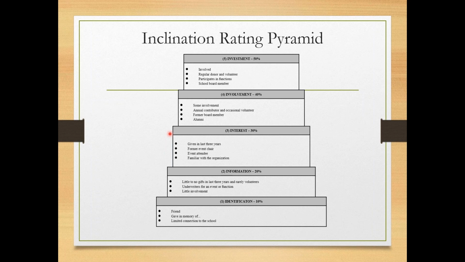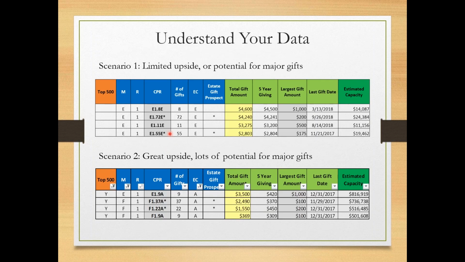If you go back, Steve, now to the slide we had there. If you go back and say, okay, I'm going to take the individual that I was talking about, the E19A, the first one in the second box.